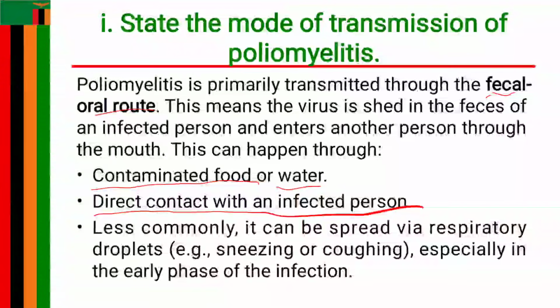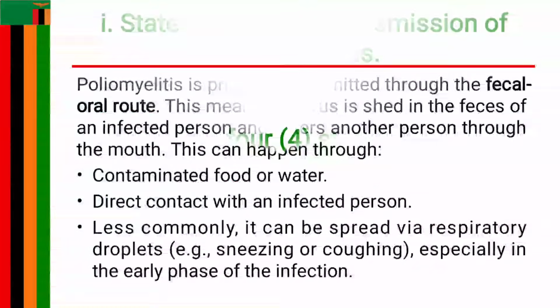If another child or another person touches the same surface, they may get the virus through fomites. So these are different ways that the poliovirus may spread.